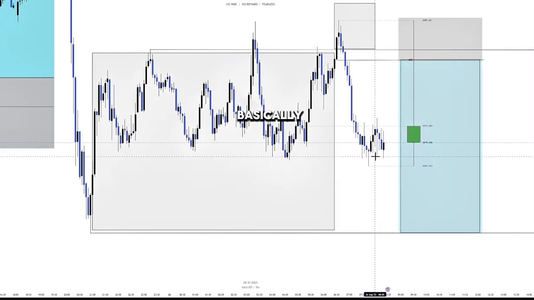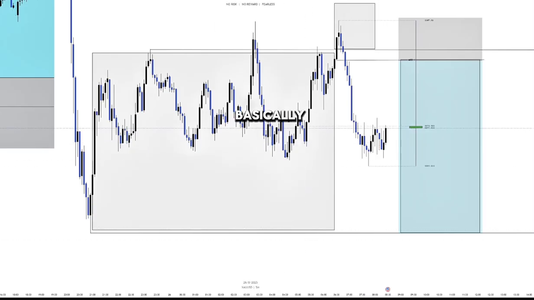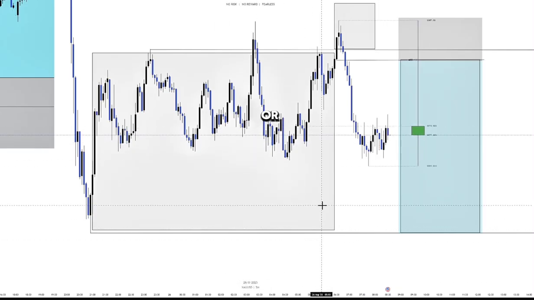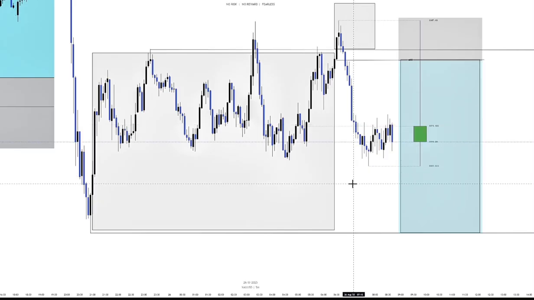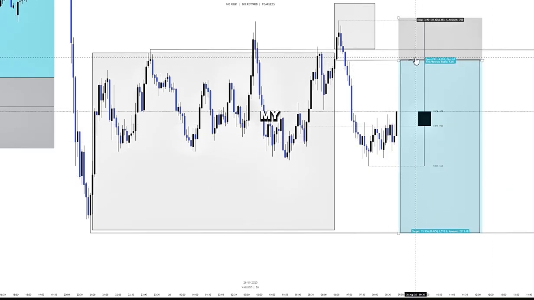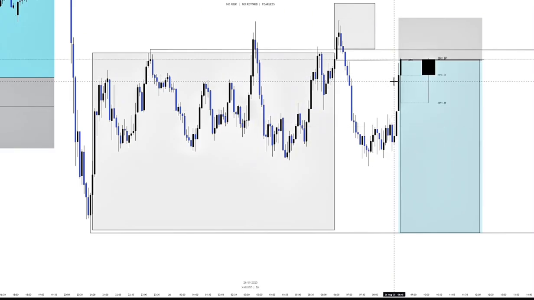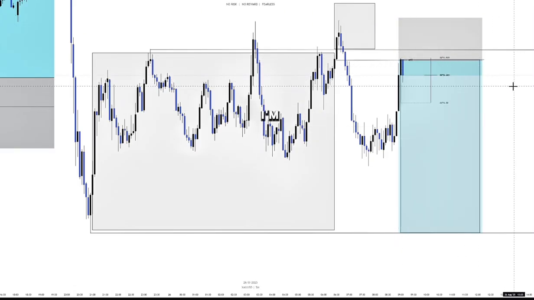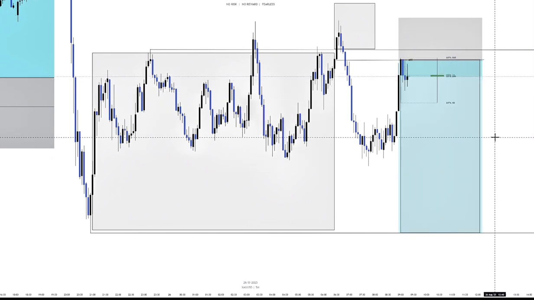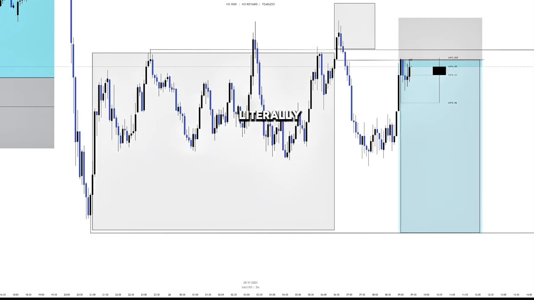This is basically 8 o'clock my time, so I'm just making breakfast or doing something, you know. I have my alerts right here, my limit order, everything right there. Boom, I'm tapped in. I'm literally tapped in right there. Right? Boom. Literally.